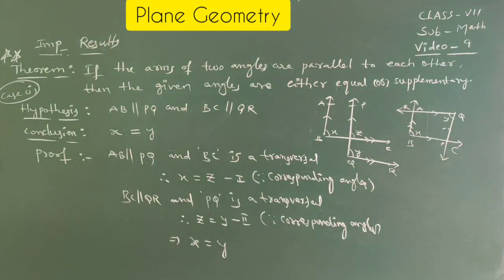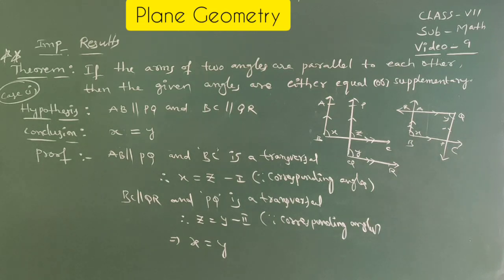What is case 1? If the arms of two angles are parallel to each other, then the given angles are equal. And the second case, they are supplementary.